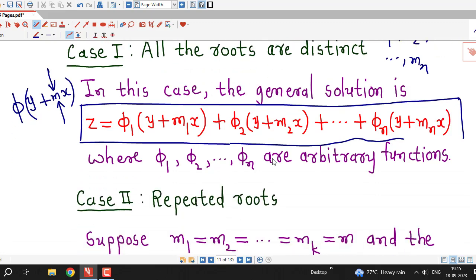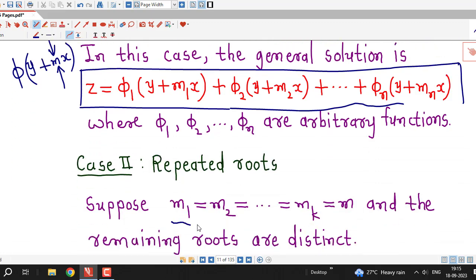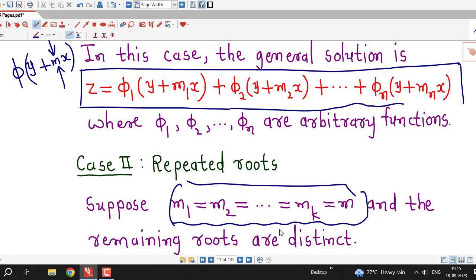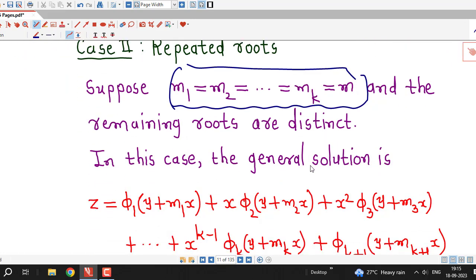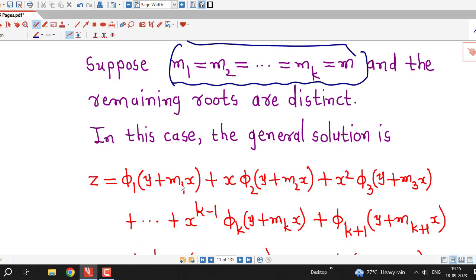Now if roots are repeated, suppose out of these n roots k roots are equal and the remaining roots are distinct, then the general solution is given by this formula. We have k equal roots. Suppose all these roots are denoted by small m, then here I have written y plus m1 x, so m1 is equal to m, so I am writing m here also, up to mk, all roots are equal to m.